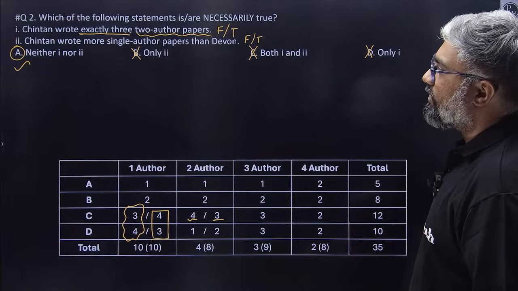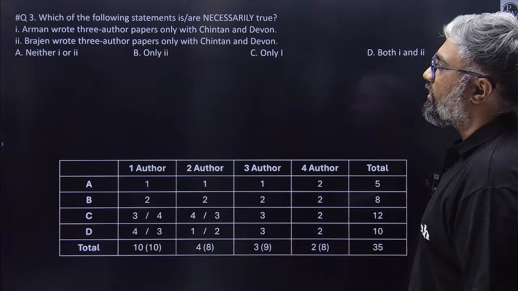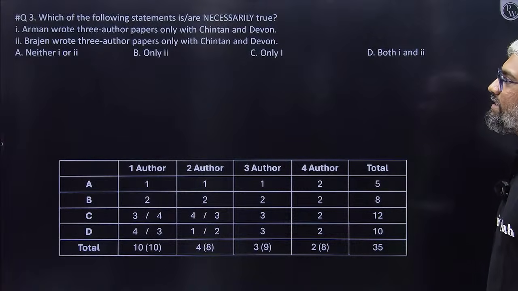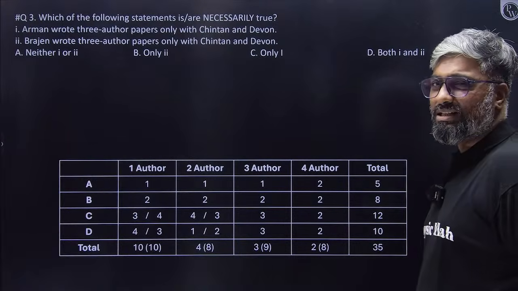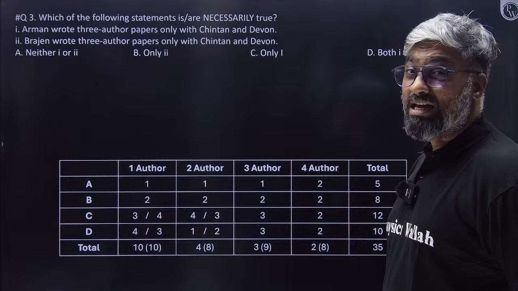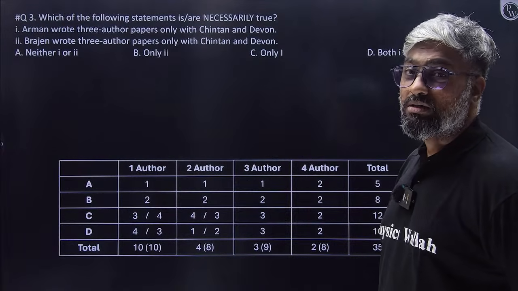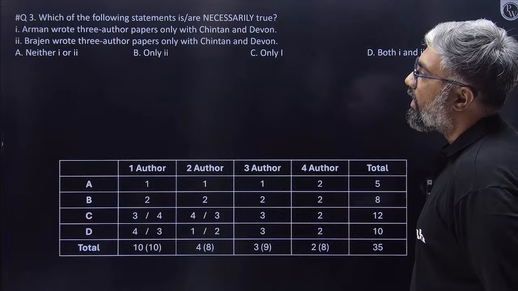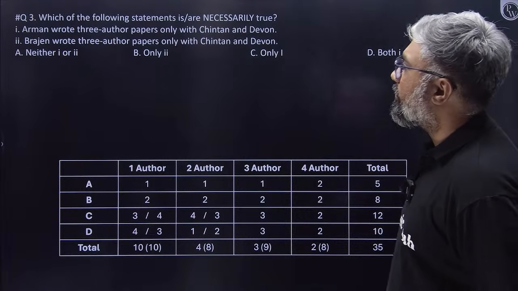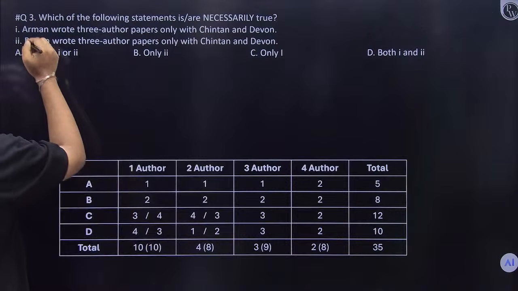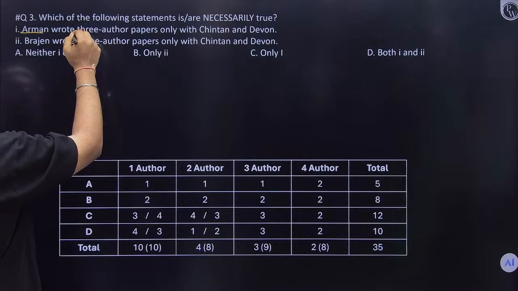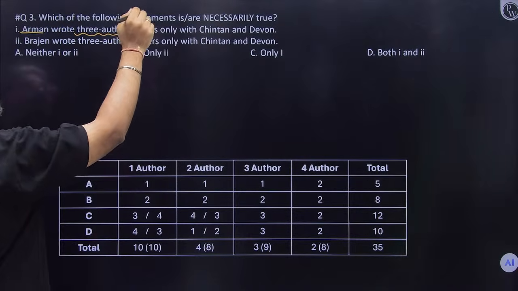Beautiful, beautiful. Let's go. Third question. Which of the following statements is or are necessarily true? Just like the previous question, we go statement by statement, confirm, eliminate options that cannot work out, and then keep the ones that work out. Okay.